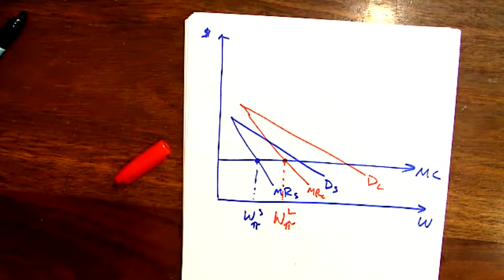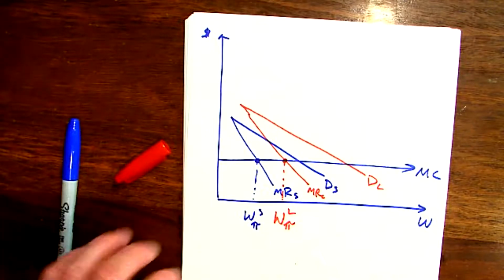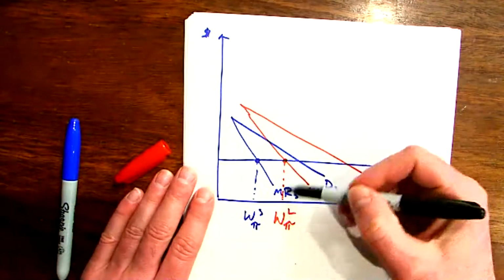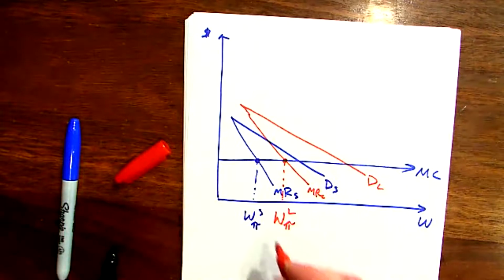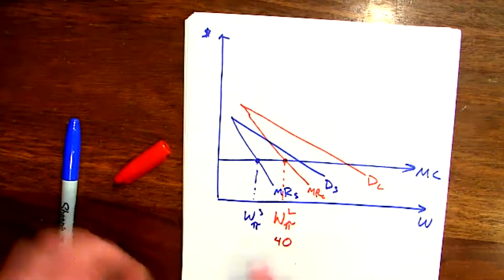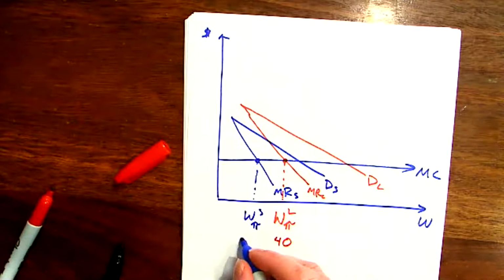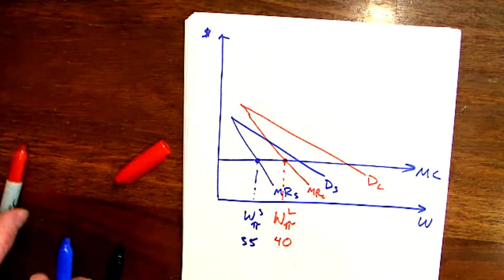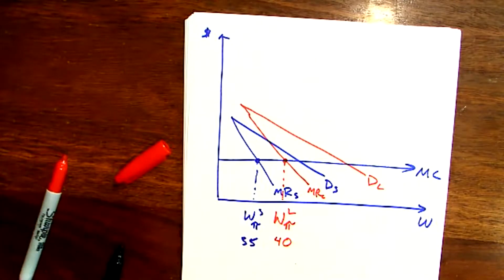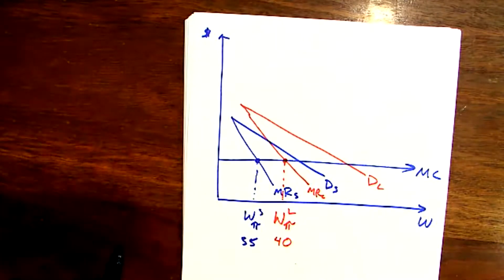If I wanted to use a salary cap here, how could I do so effectively? Well, each one of these numbers of wins, I could put a number to it. You know, I don't know, maybe this is 40 and maybe this is 35. Right? That number of wins is going to equate to a certain amount of salary expenditure on the team.